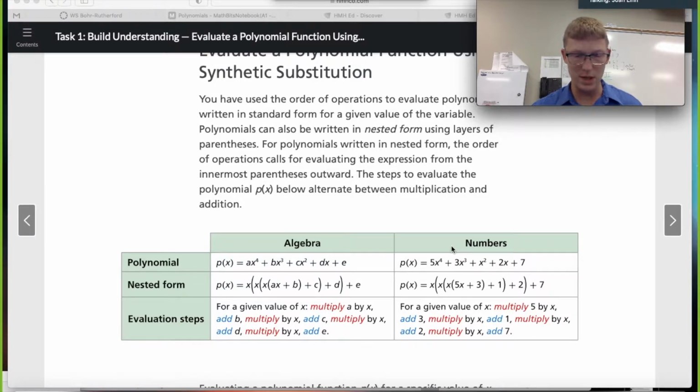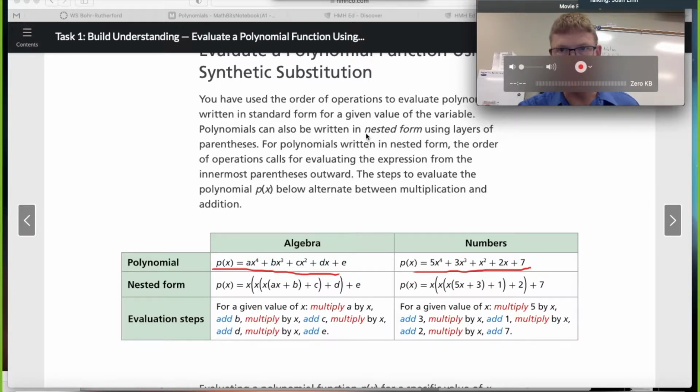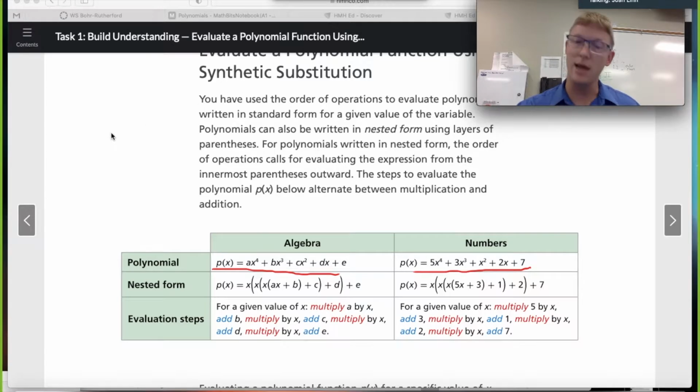Typically, if you're going to evaluate a function, if it turned into f of 4, you would just plug 4 into all of these x's, and then you would evaluate the function. Let's say you didn't have a calculator and you had to do it by hand. That's where this nested form comes in.